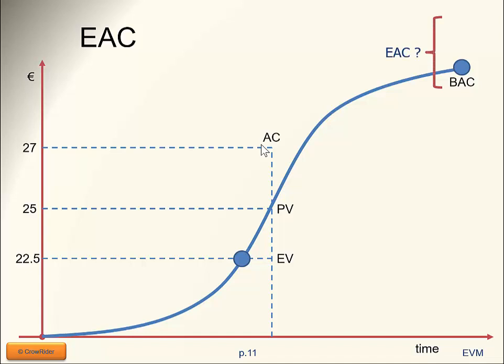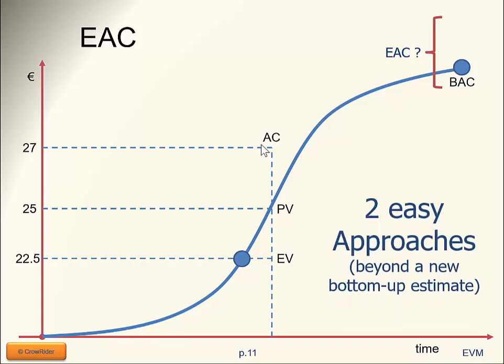Where is the estimate at completion going to be? Well, there are two basic approaches which are very easy and good to learn, that help you in creating your overall estimate. Okay, let's have a look at it.